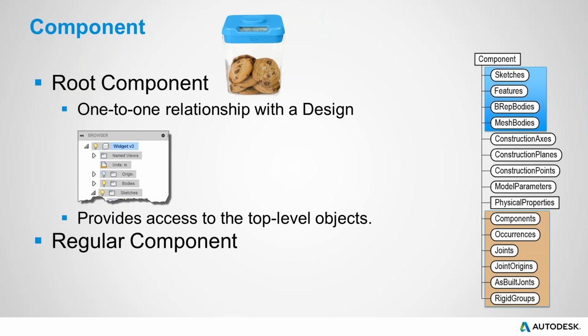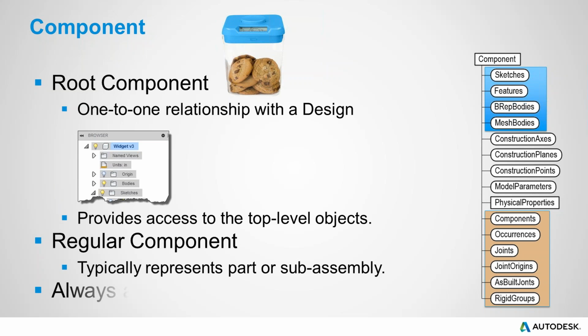They're both represented by the component class. So in the API, there's no difference in the functionality that they have. But the root component is the special one because it's the big container that holds everything else, including other components. And these regular components are the other components that would exist within a root component. Like I say, they typically represent a part or a subassembly, but they can be a mix.